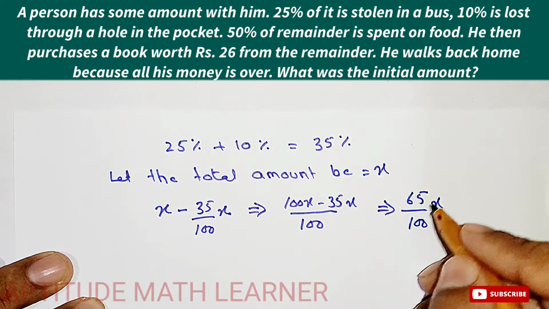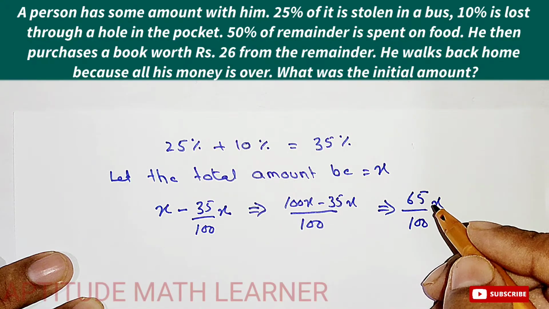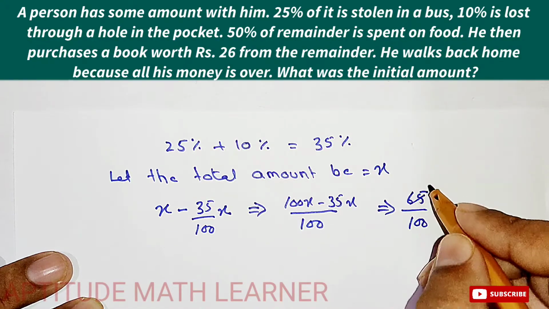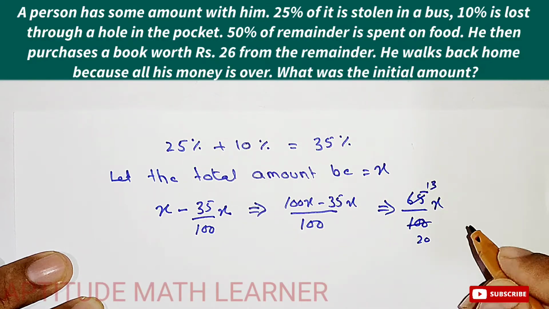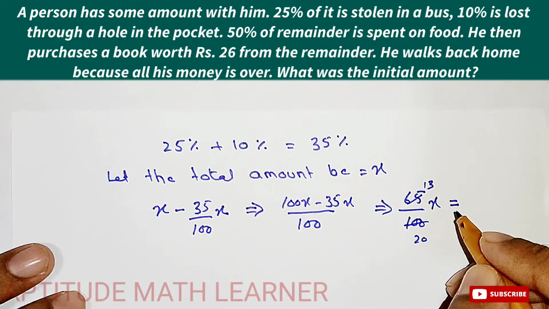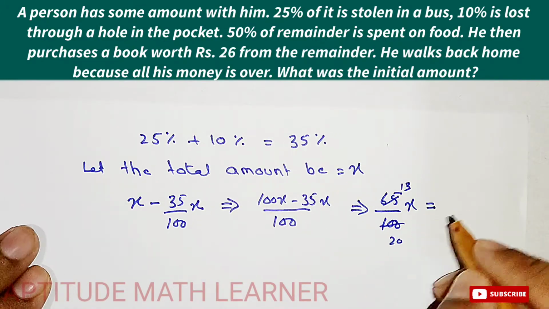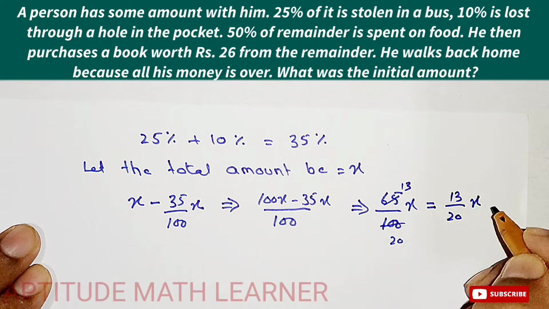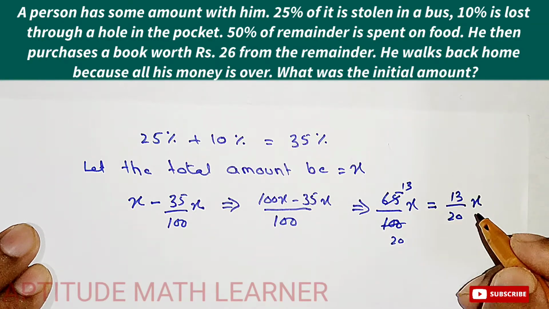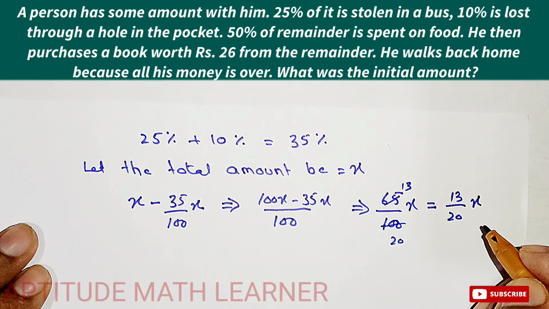Solving further, 5 13s are 65, and 5 20s are 100. So we get 13 divided by 20 times X. I hope till here you have understood totally.